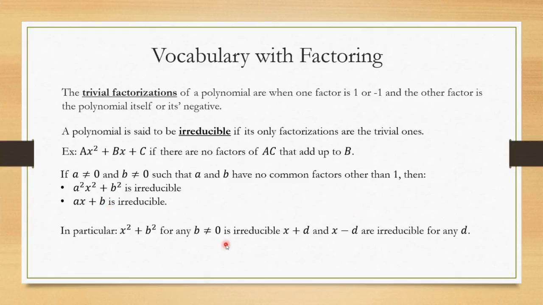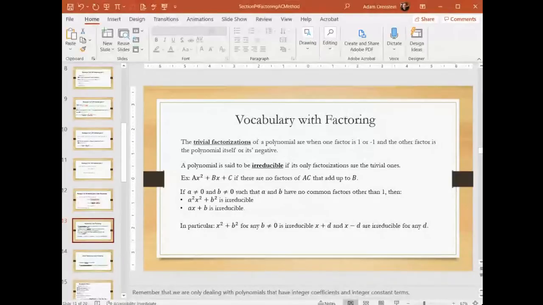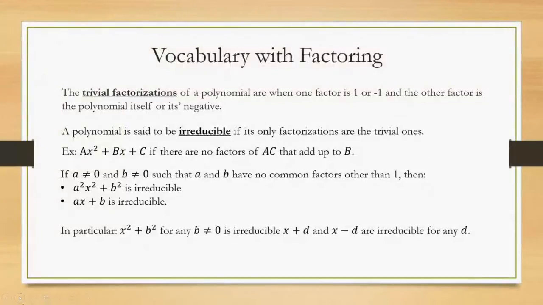And just to make it even more specific, x squared plus b squared is irreducible for any non-zero b. X plus d and x minus d are also irreducible for any number d. Okay. So those are just some specific examples of irreducible polynomials.